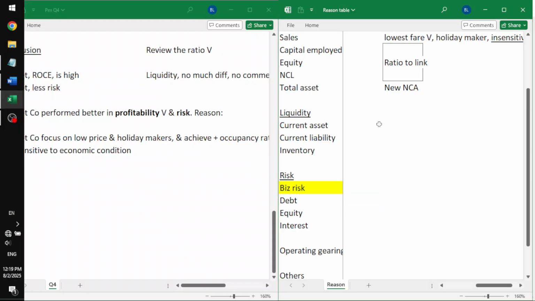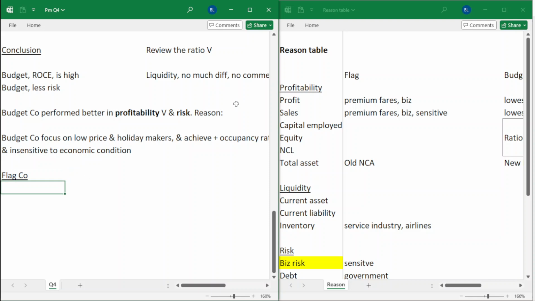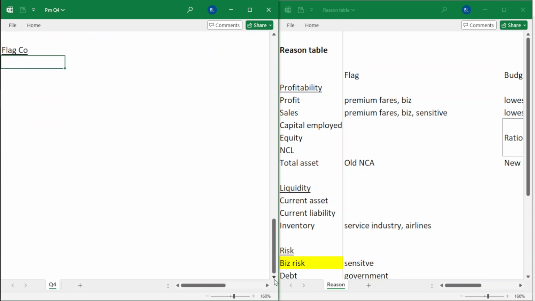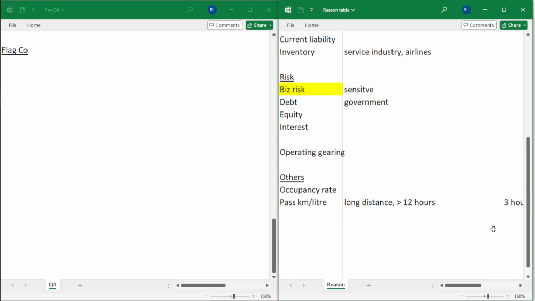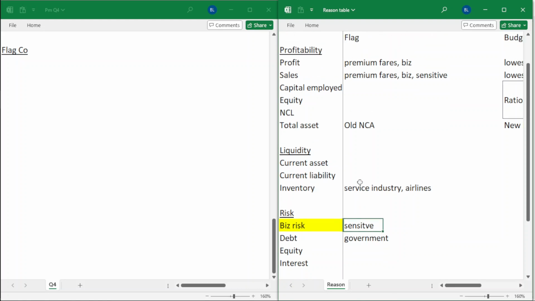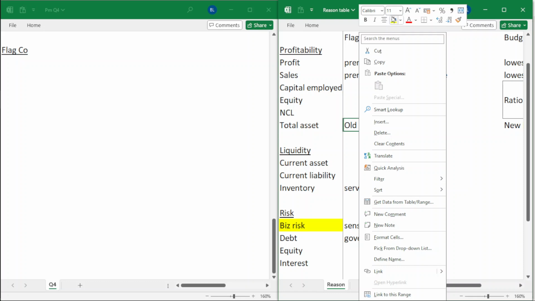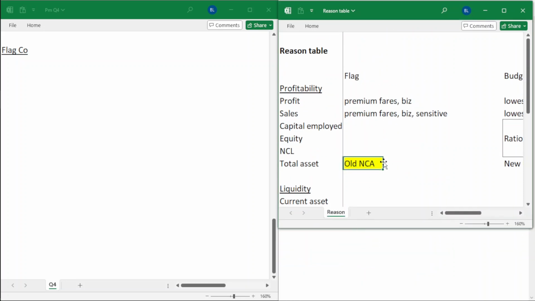Besides that we can also comment on Flagco. This one is very bad. Long distance is a business thing, and government cannot change it, so it's sensitive. The market is sensitive, you cannot change it, right? But old aircraft, you can buy new aircraft, so this one is within your control.